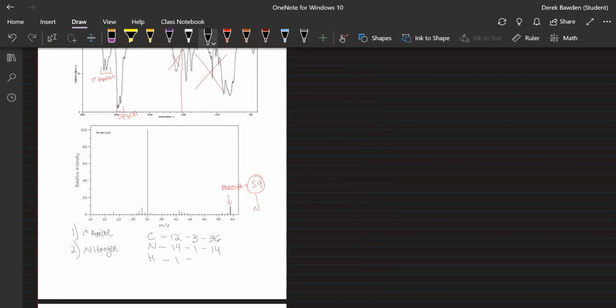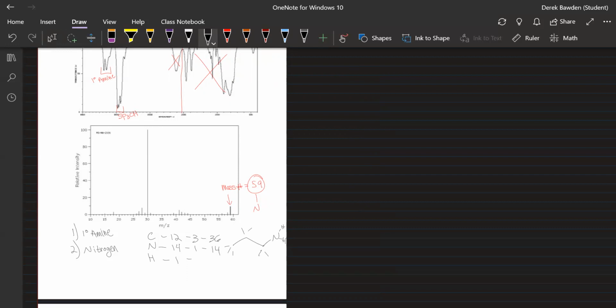Okay, so we know we have a 1 degree amine and a carbon chain with 3 carbons. So let's add our 3 carbons, and then we'll add our 1 degree amine. This would have 2 hydrogens on the end, which is perfect. That's a 1 degree amine. We have 2 more hydrogens here, 2 and 3.